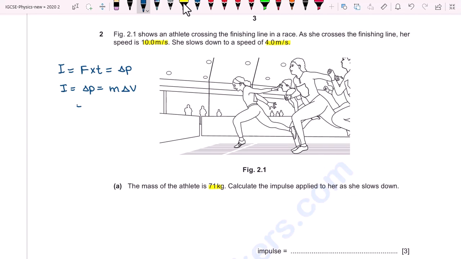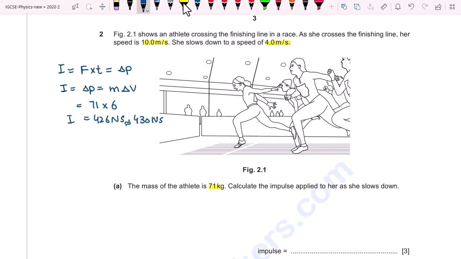By putting in values, I get mass 71 multiplied by speed 10 minus 4, which is 6. Impulse comes to be 426 newton seconds, and it is approximately equal to 430 newton seconds.